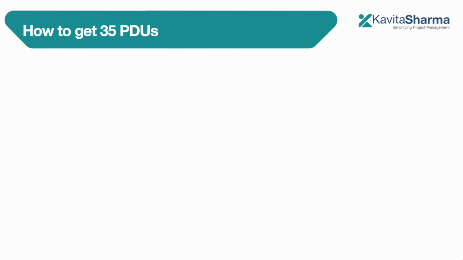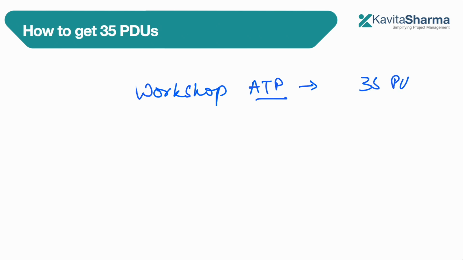For this, you have to either be part of a workshop by somebody called an ATP. It can be a classroom or a virtual workshop, wherein the ATP provides you the official learning governed by PMI and gives you a 35 PDU certificate. PMI knows that this ATP has given you this particular learning and they would okay your application.